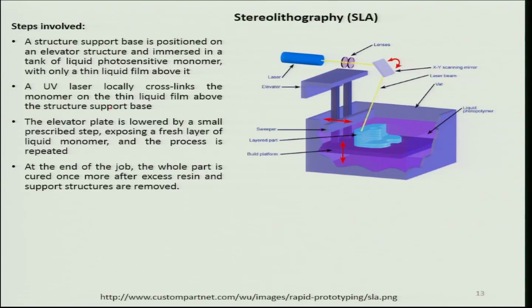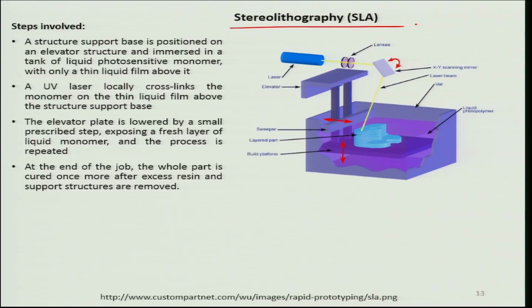The other very interesting method available for additive manufacturing is SLA, the stereolithography method, where you have a resist, a photosensitive polymer, and you cure this polymer with a laser beam in a section by section manner.